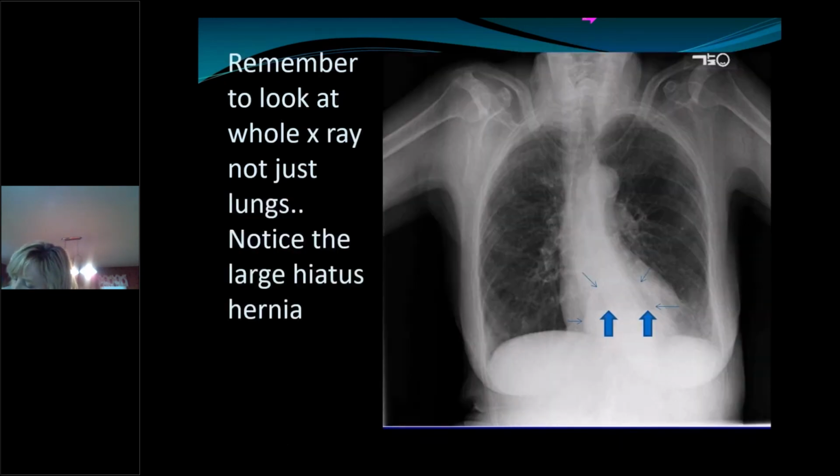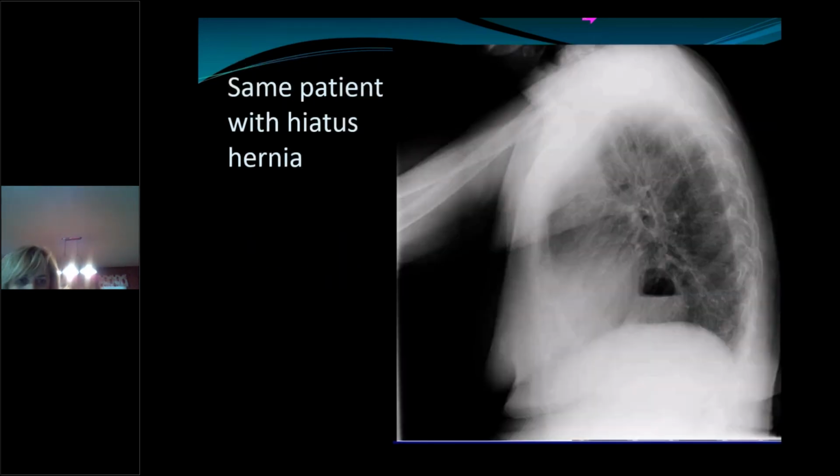And then we go back and look at it on the contralateral side, on the AP view again, and we see this nice outline of the bowel. So basically now we're diagnosing a GI problem with your chest x-ray. So again, got to be able to think broad spectrum here.